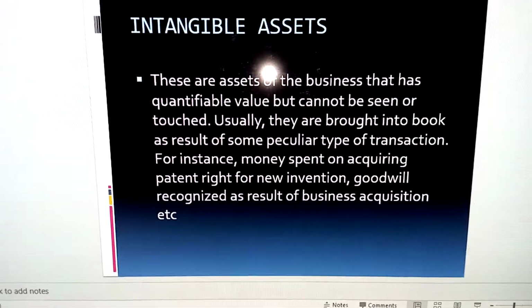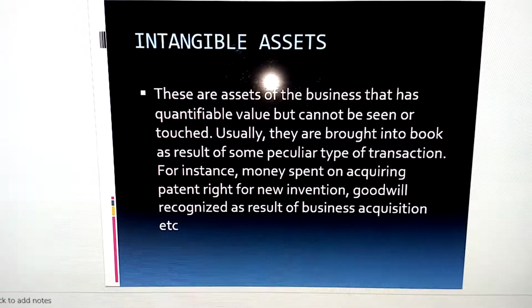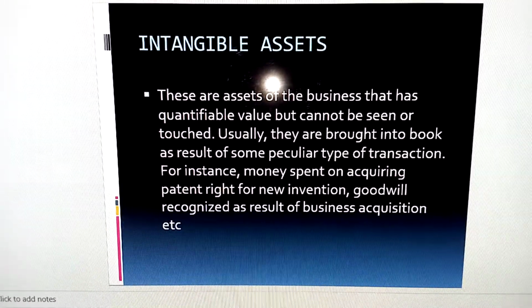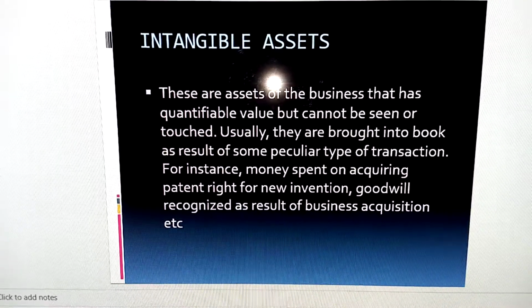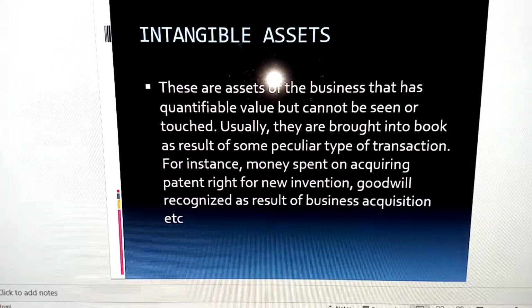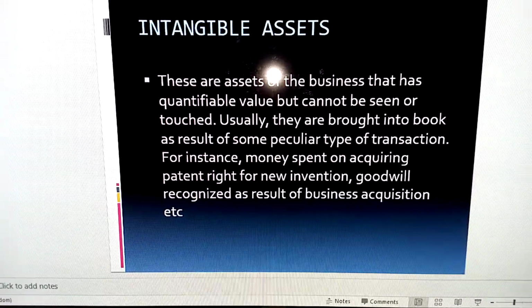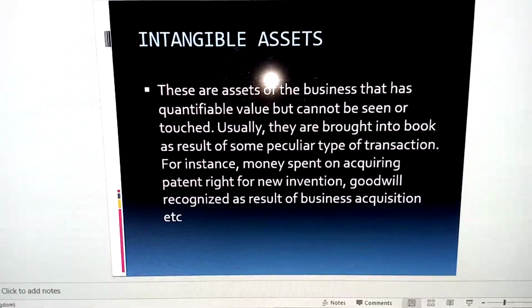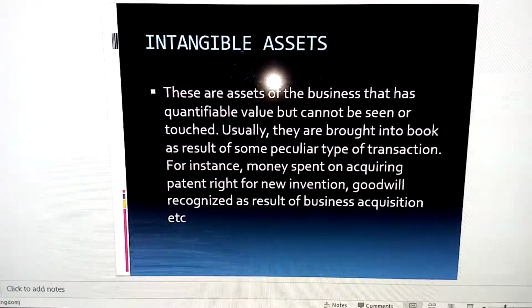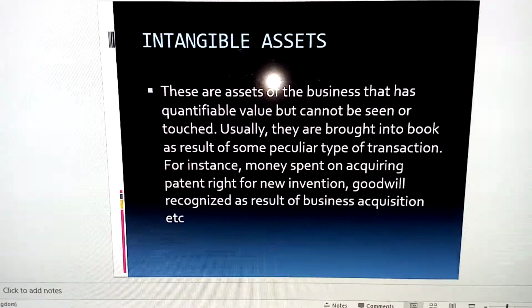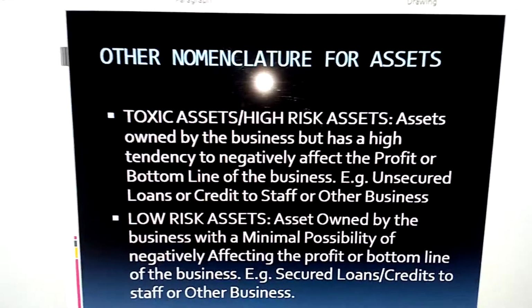Now, to make it easy, any asset or resource that cannot be touched or seen, but has a quantifiable value, is referred to as an intangible asset.